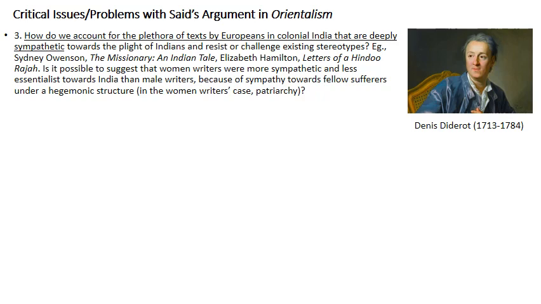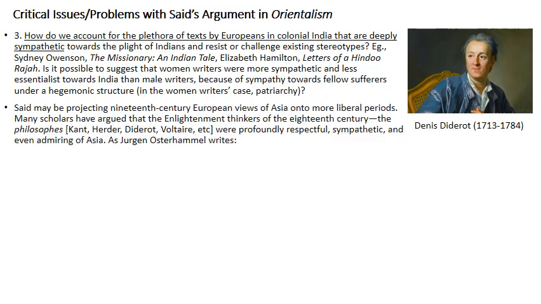So one argument that emerges amongst feminist writers, feminist critics, scholars who have studied these women writers of the 18th century is that, look, they felt a fellow feeling, they felt a sympathy for Hindus in India under British rule based on their own sufferings under patriarchal rule. So there is sympathy and identification rather than negation and a lack of empathy.